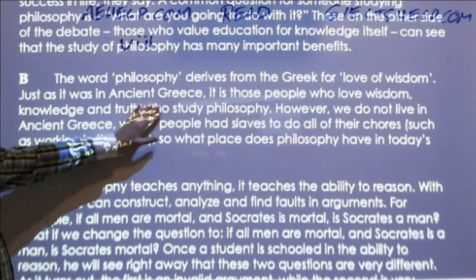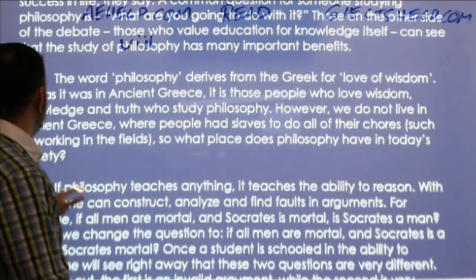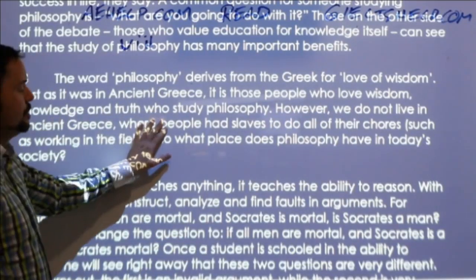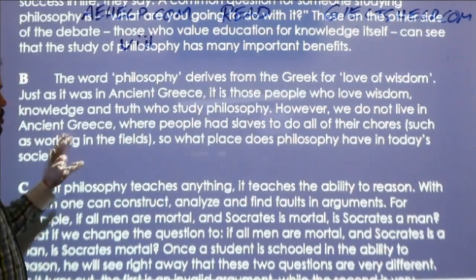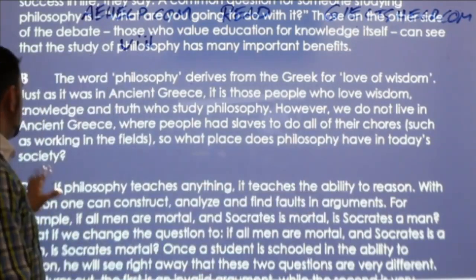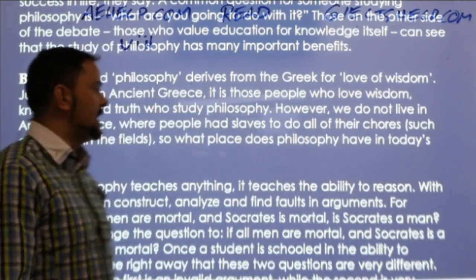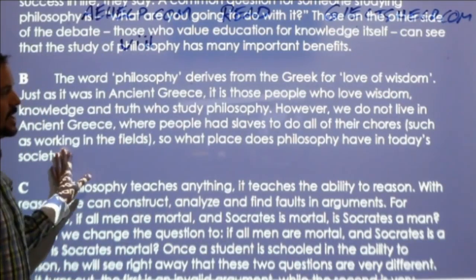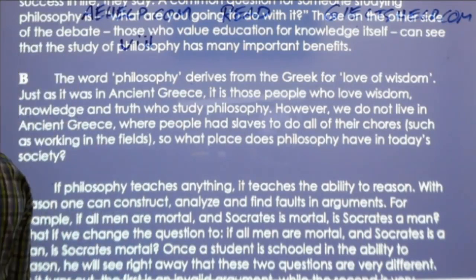Just as it was in ancient Greece, it is those people who love wisdom, knowledge, and truth who study philosophy. However, we do not live in ancient Greece where people had slaves to do all of their chores, such as working in the fields. So what place does philosophy have in today's society? Okay, so what is this paragraph about?